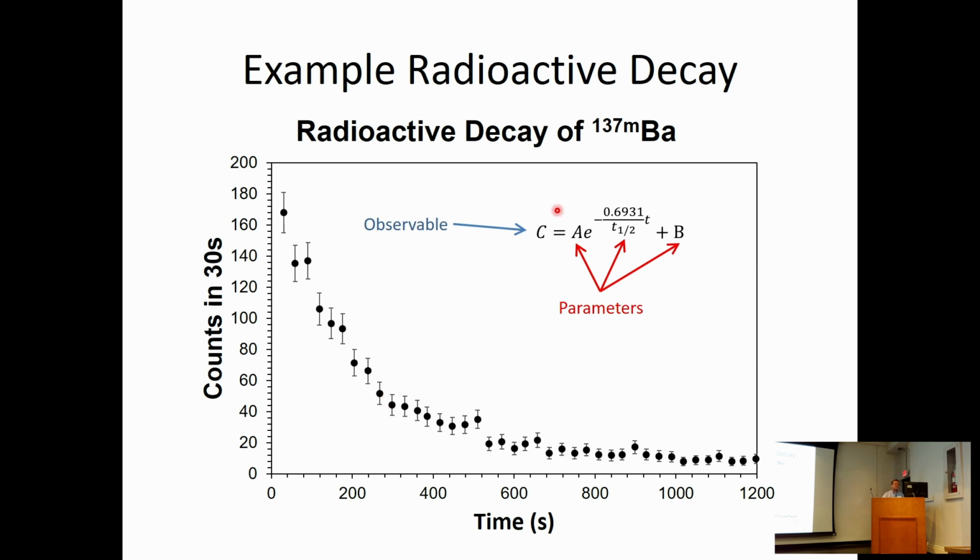So my model is telling me something about the data. It's expressed in terms of some parameters, in this case A, the half-life, and B. And it allows me to predict the experimental data under different conditions, in this case, times that I haven't measured. Is everybody with me so far?